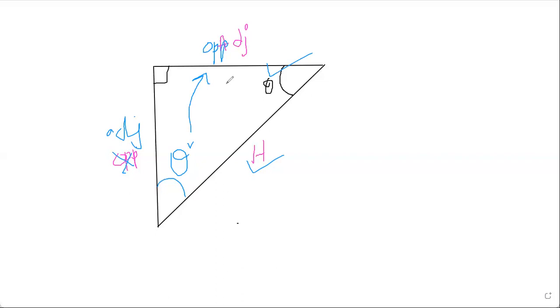Let's solve. Wait, let me tell you about trigonometric ratios also. So we have sine theta, we have cos theta, and we have tan theta. These trigonometric ratios can help you to find angle other than 90-degree, or they can help you to find the side of the triangle sometimes.